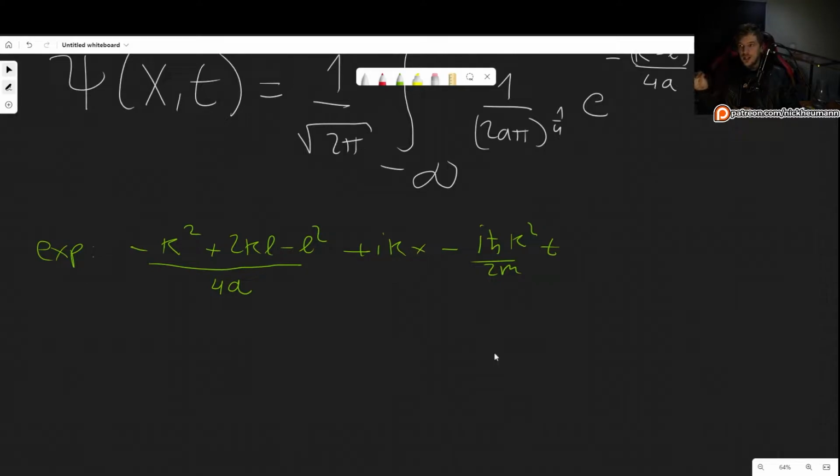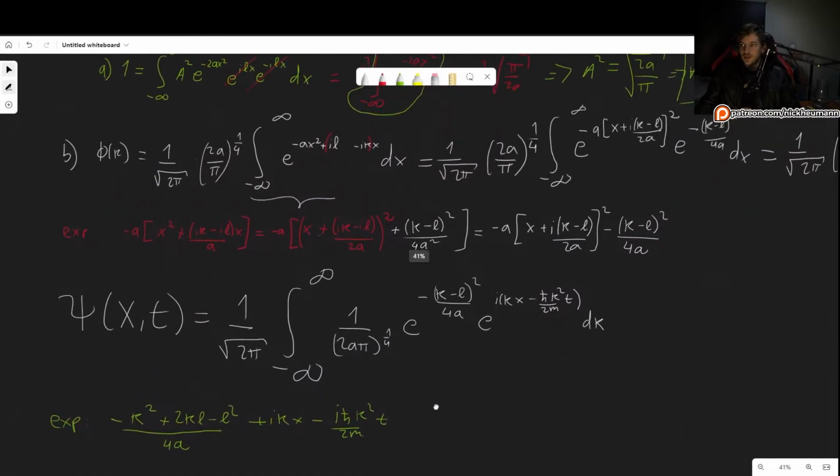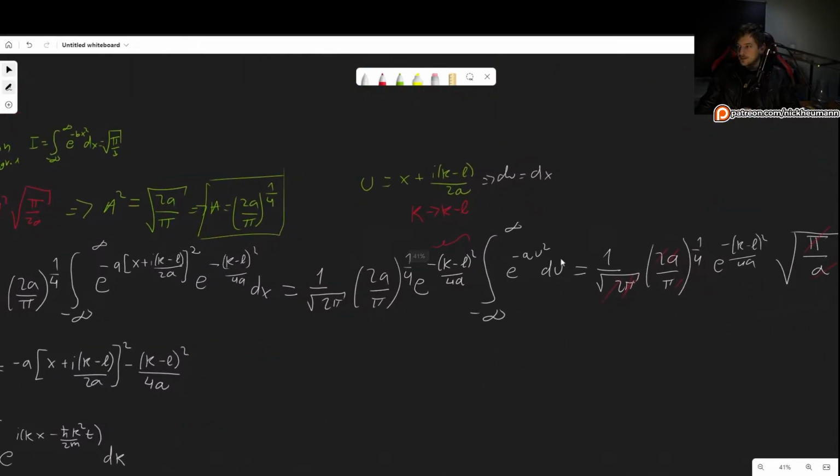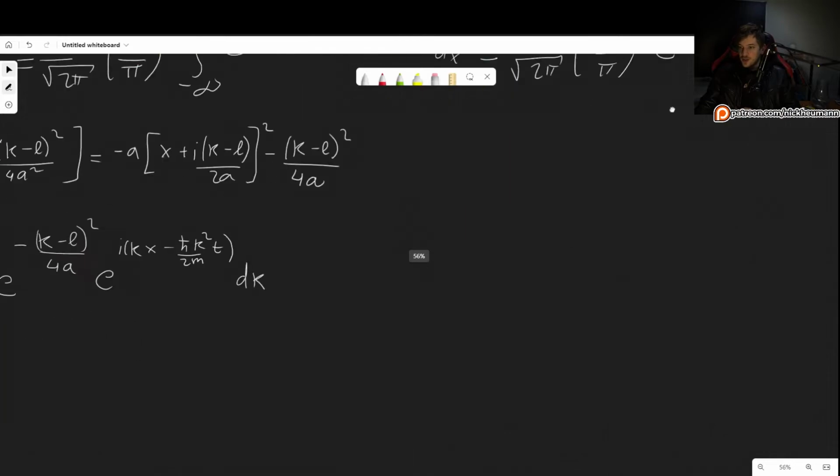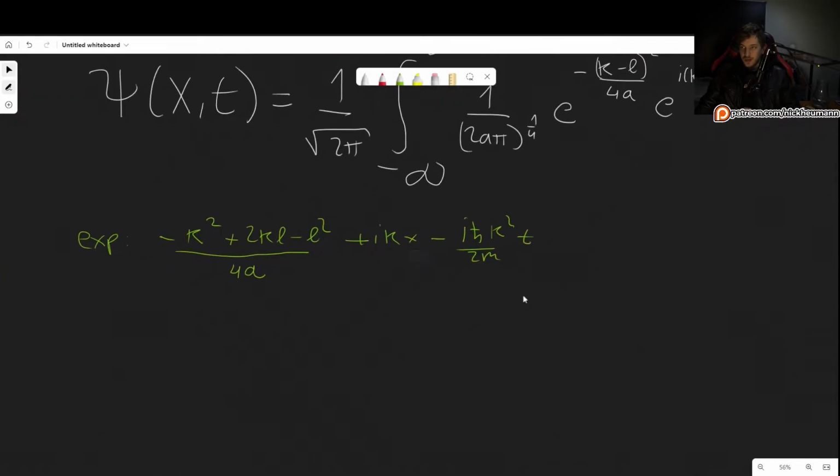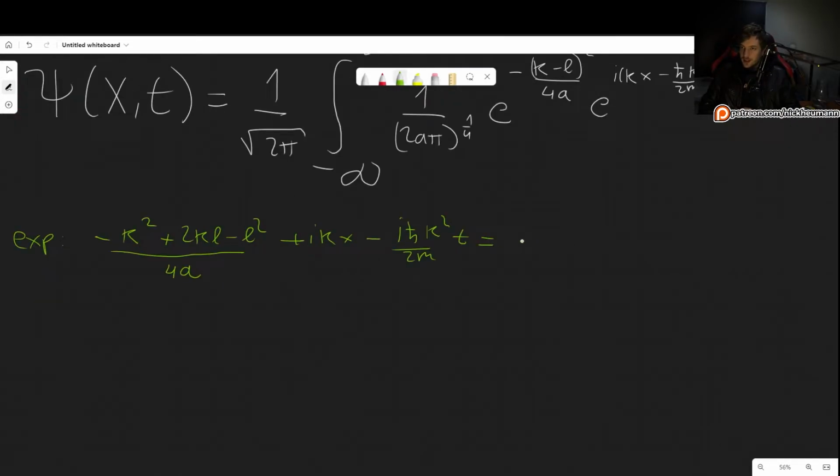Now our goal is to isolate k squared to turn this into a Gaussian integral. But Gaussian integrals are of the form minus something, right? So we need to isolate a minus sign as well. So this will be minus, and now everything else. So this is a minus, this is plus, now this is minus, this is plus, this is minus, this is plus.